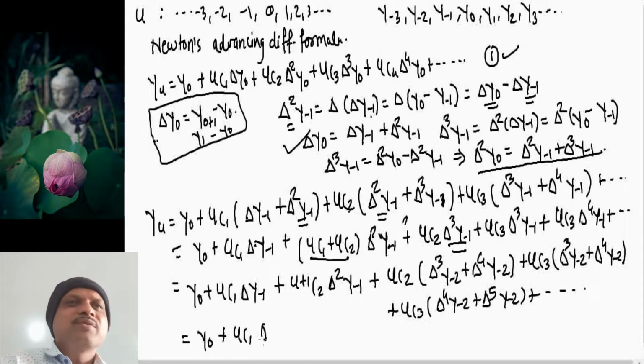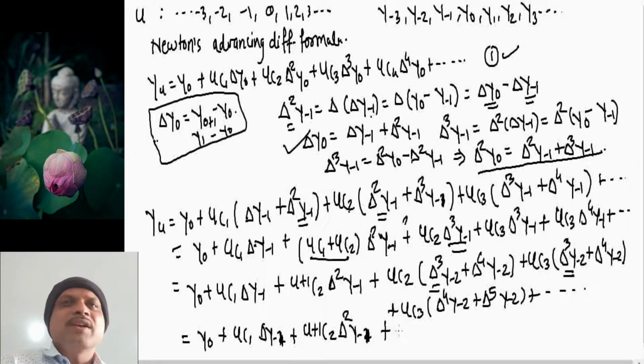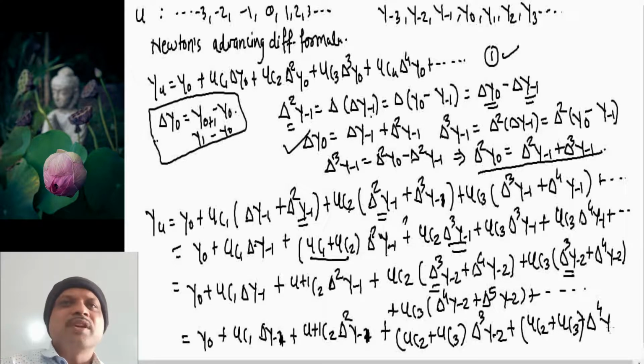This is y0 plus uC1 delta y at minus 1 plus (u+1)C2 delta square y at minus 1, plus delta cube y at minus 2 with uC2 plus uC3, and again we substitute one more time delta raised to 4 y at minus 2.